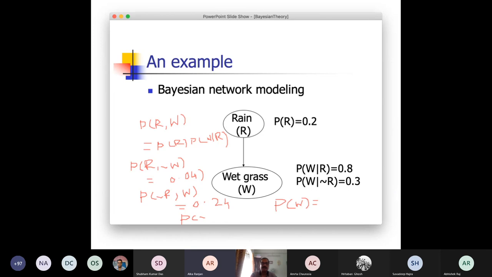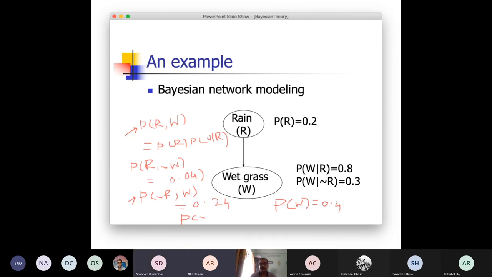That means you have to sum the probability of W and R, and the probability of W and not R, right? So this is 0.24, and I think this is 0.16. So it makes 0.4. So the probability of W is 0.4, and the probability of not W is naturally 0.6. Is this clear?